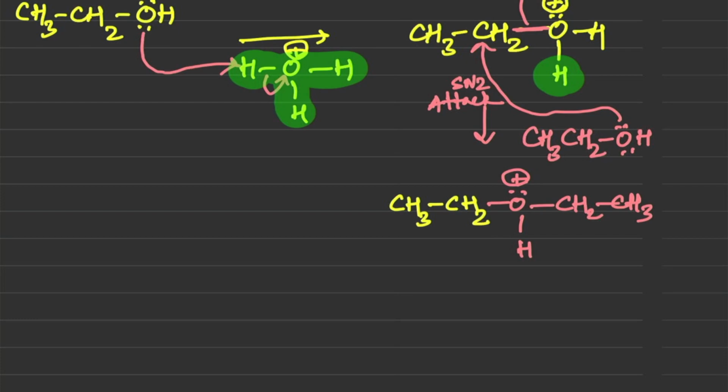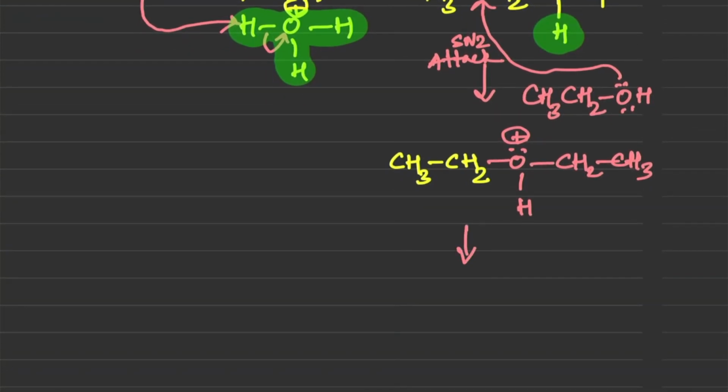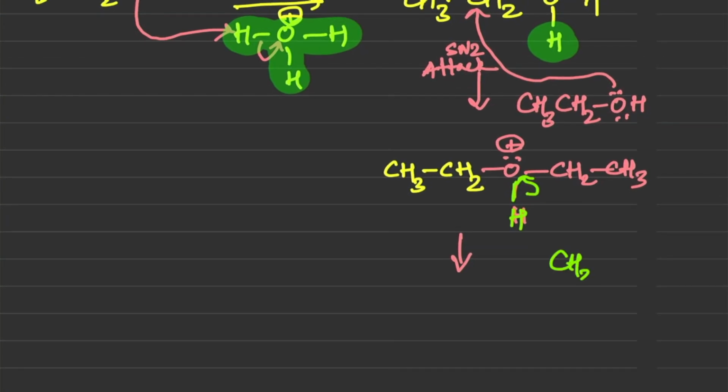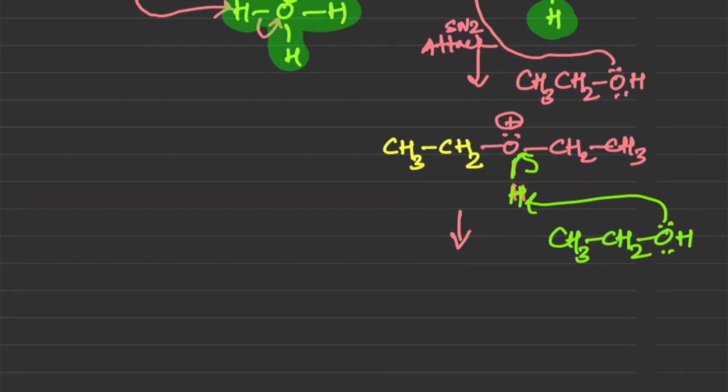And then the last thing we will do is neutralize the positive charge on oxygen by removing this hydrogen. And who would remove it? Well, we got plenty of proton abstractors. Another alcohol can come in and take it out.